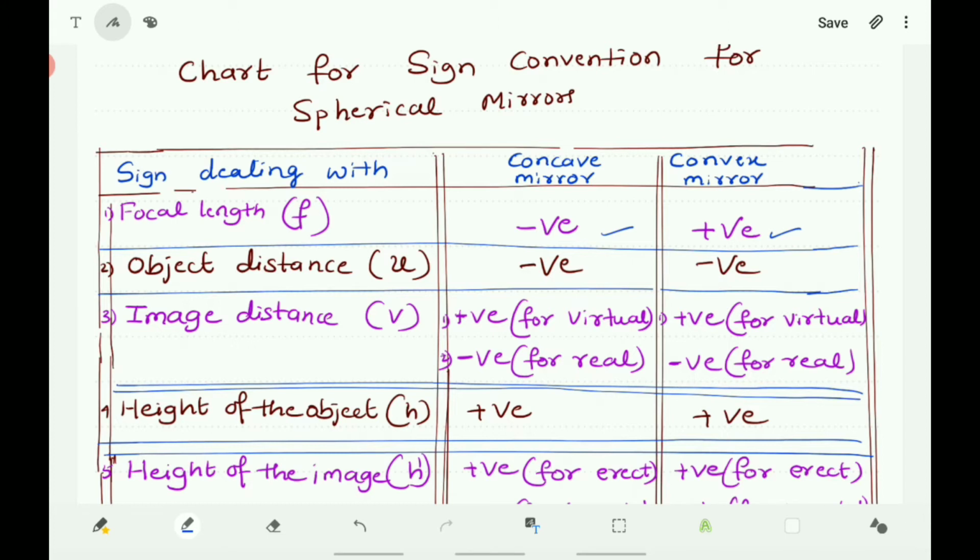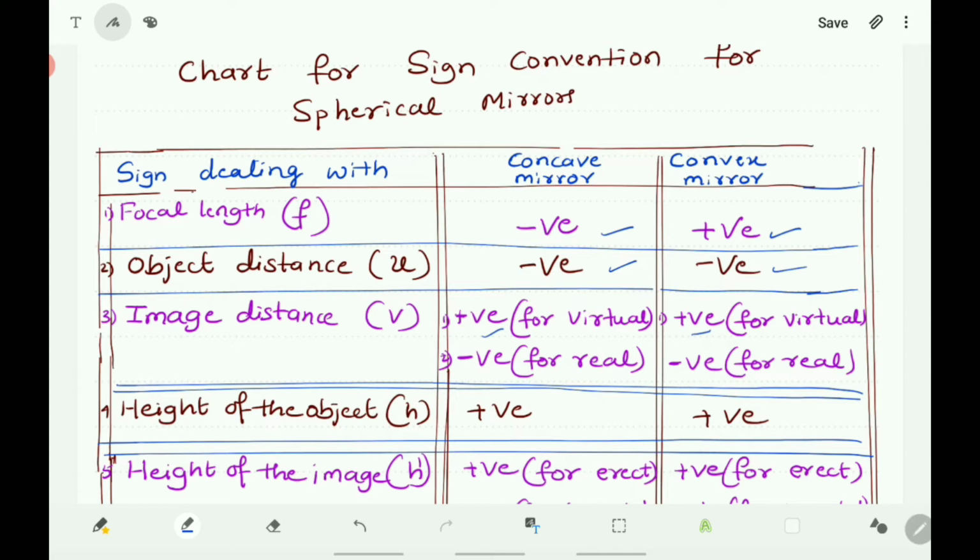Object distance u is negative for both concave mirror and convex mirror. Image distance depends upon the nature of the image. If the image is virtual, the image distance is positive for both concave and convex mirror.